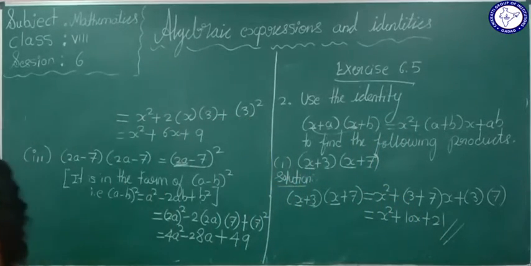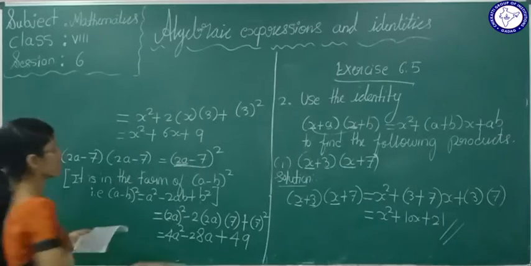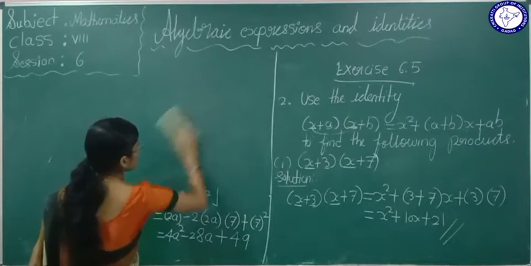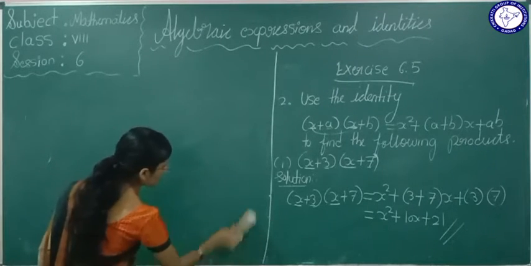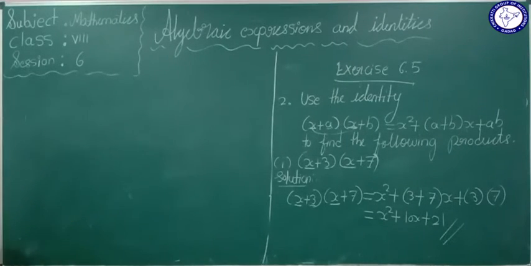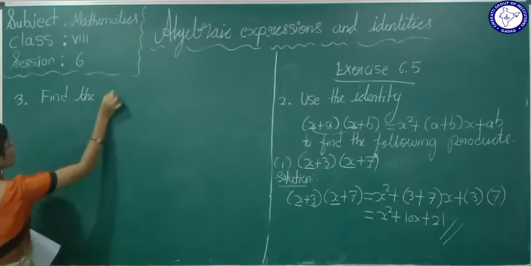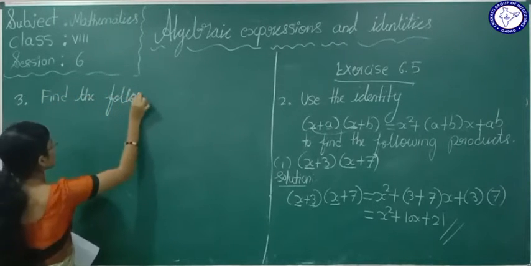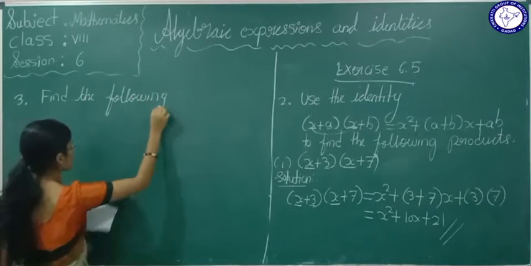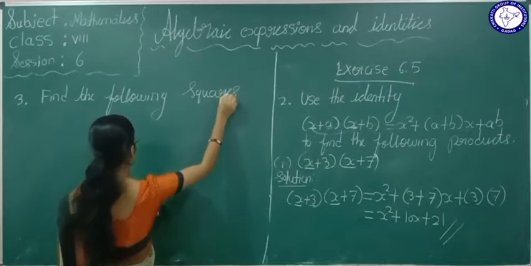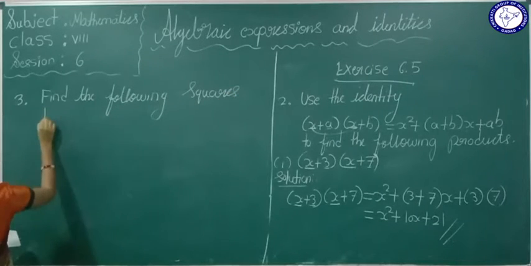Okay. Now we will go for the third main. Find the following squares by using the identities.